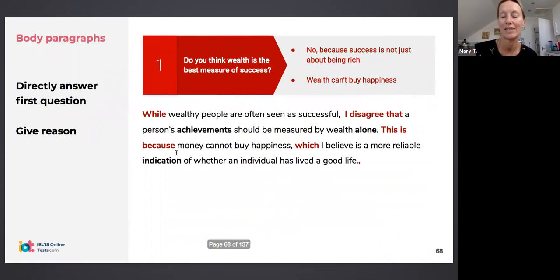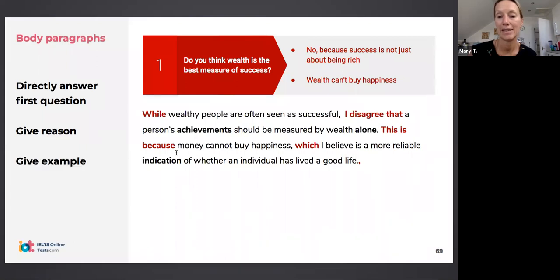Yes, good, Hamada. Or indication. So it's similar. A more reliable indication of whether an individual has lived a good life. Okay, if you look at that sentence, what does the which refer to there? Happiness. Yeah, which refers to happiness.